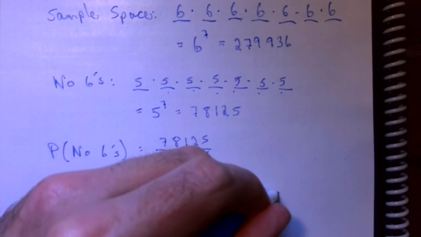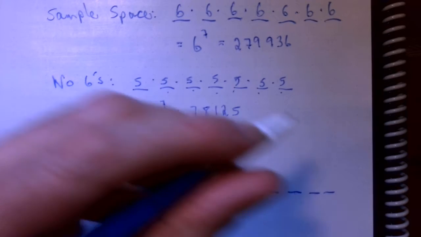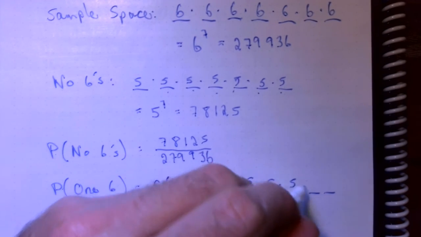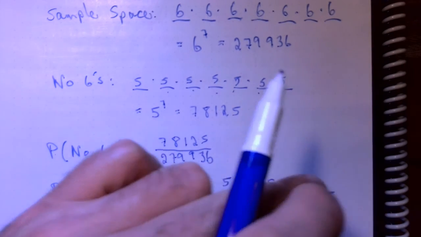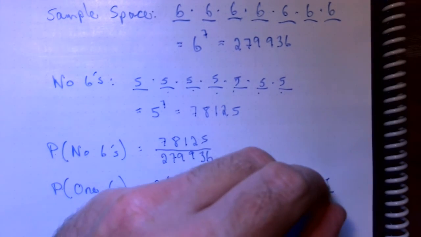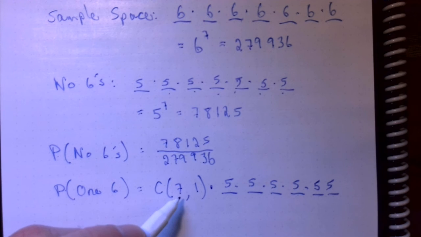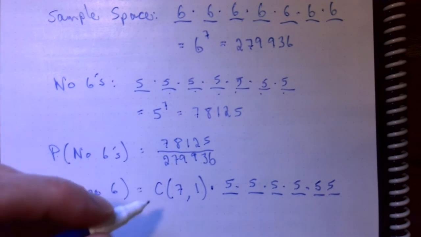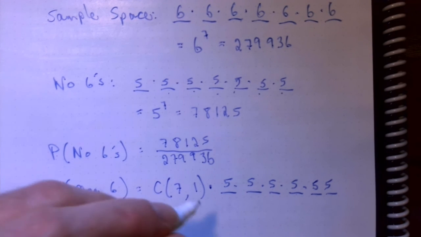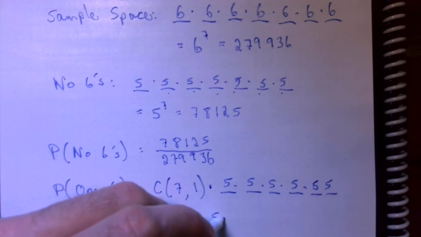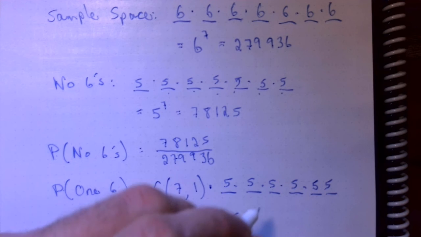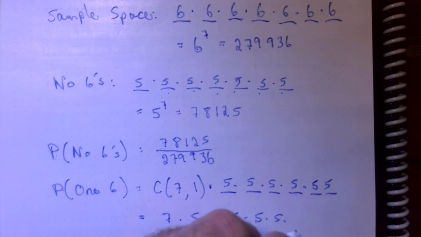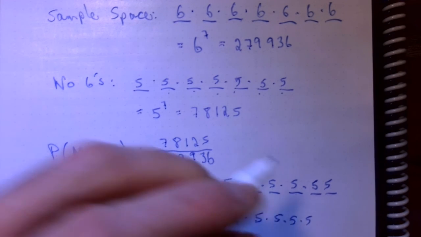And then, now this is the tricky part here, the remaining 6 spots can be anything. Okay, so I'm going to pick one of the spots. That's got to be a 6. I got 7 choices. The remaining 6 spots are completely random, just not a 6.